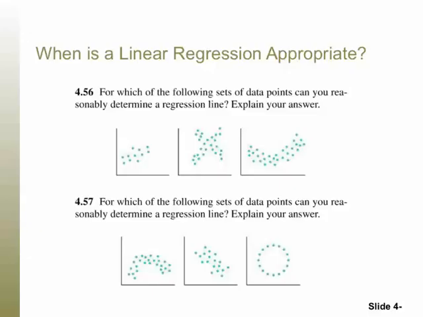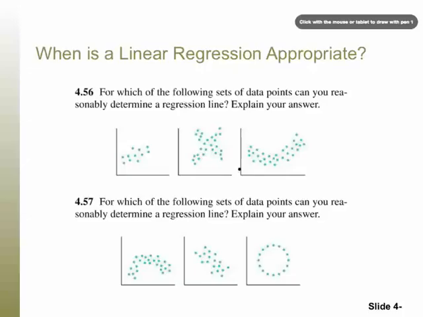What about this one, for the first three on top? If this was our data, no, you don't want to try to do a line at all, because you could make a case for this, but then you could make a case for this.